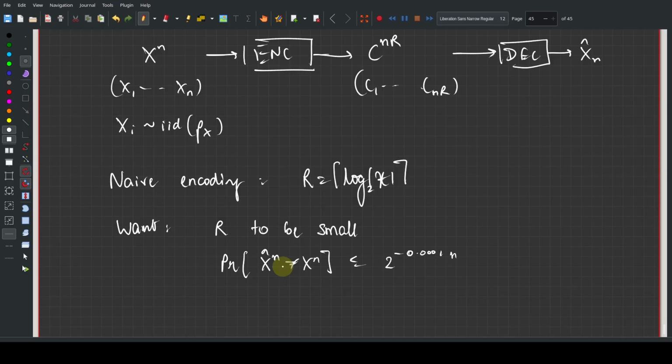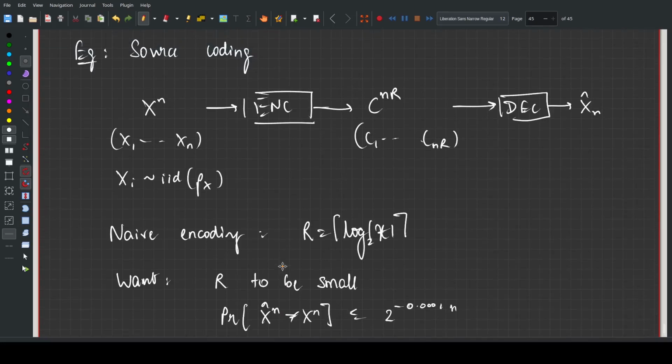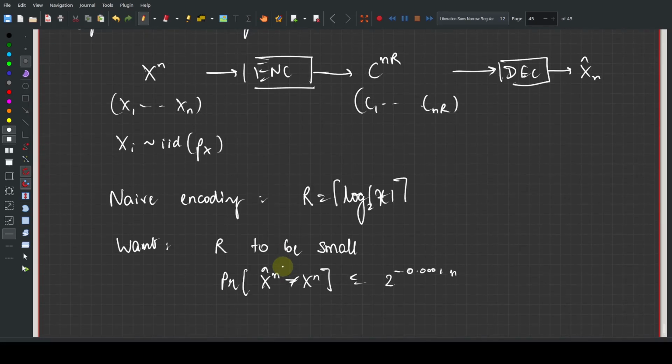Okay, so no questions? Alright, and I don't care about anything else. I allow as much computation, you have the freedom to choose as complex an encoder and as complex a decoder as you want. Okay, so what do you think I could do?